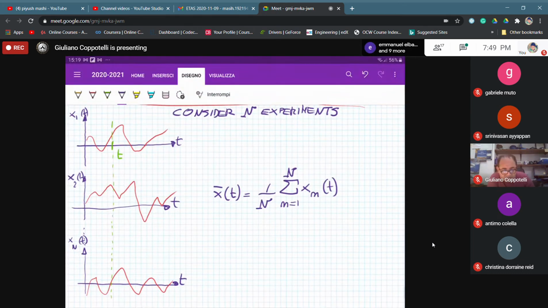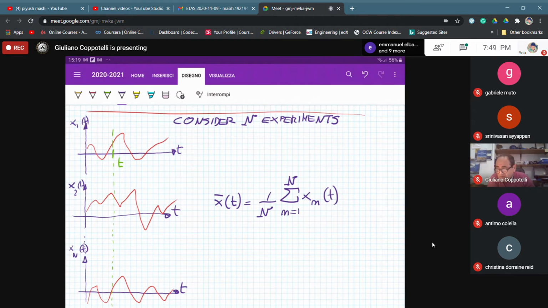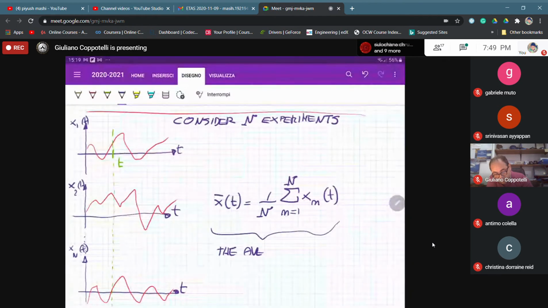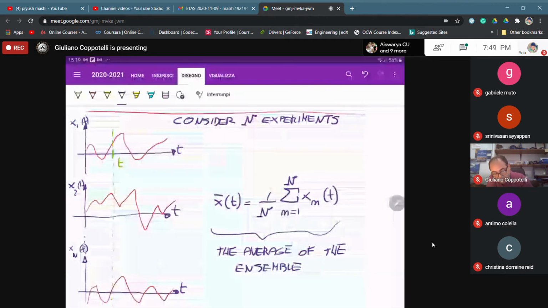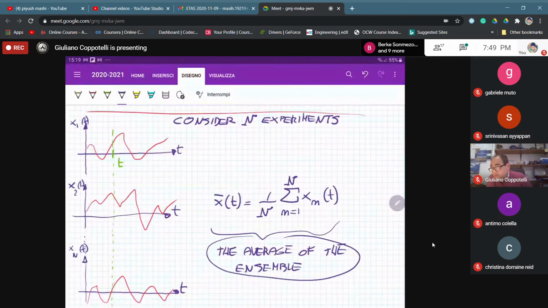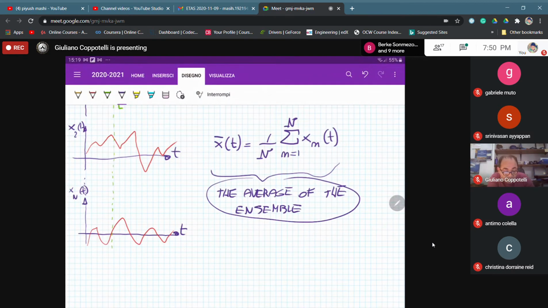This way of taking the average is called the ensemble average, the average of the ensemble. Now, let's assume to have a lot of time available, a lot of resources available, so that we can have a number of experiments n that is very, very large.